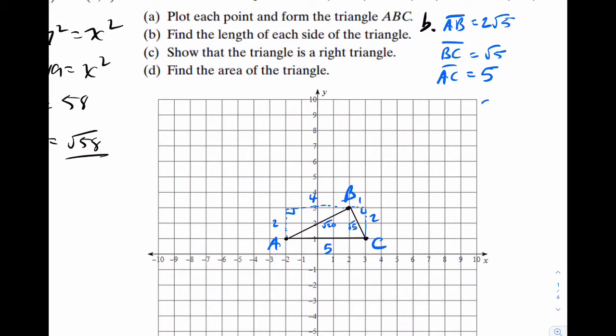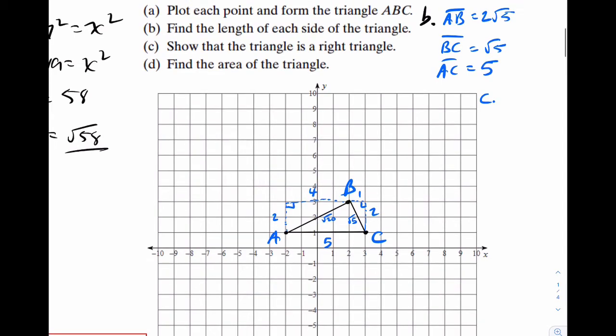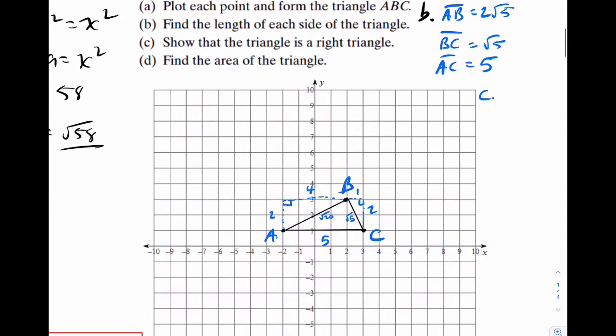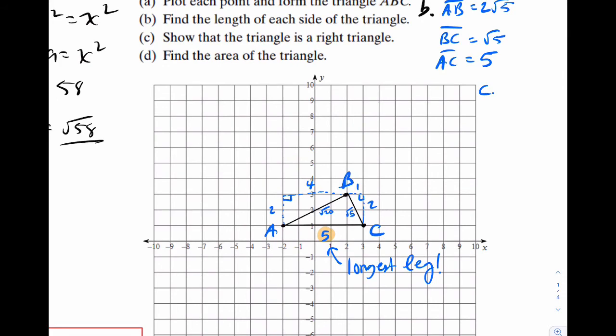Now part C, show that it is a right triangle. So to do that, we're going to use the Pythagorean theorem. First, highlight this one. Notice that's the longest side, which means if it is a right triangle, that must be your hypotenuse. So we plug it into the Pythagorean theorem, and let's check. 5 squared is equal to root 20 squared plus root 5 squared.